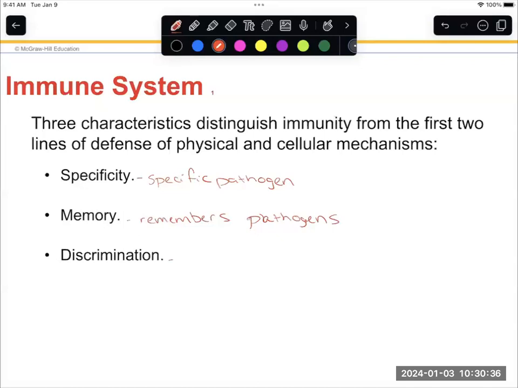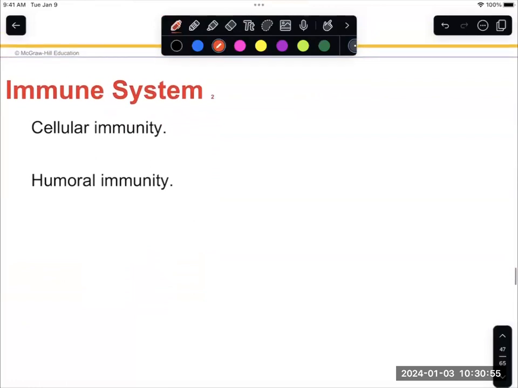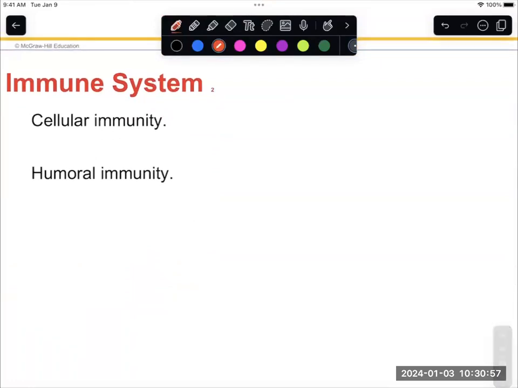And then discrimination is that immune system to identify self from non-self. So immunity is the state of being able to resist a specific infectious disease.